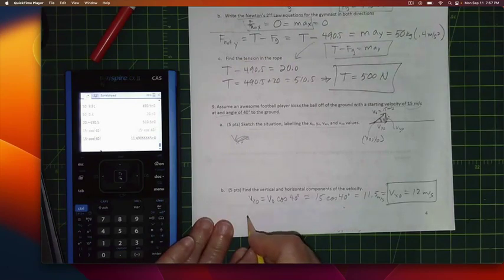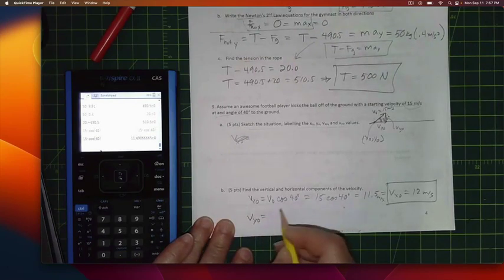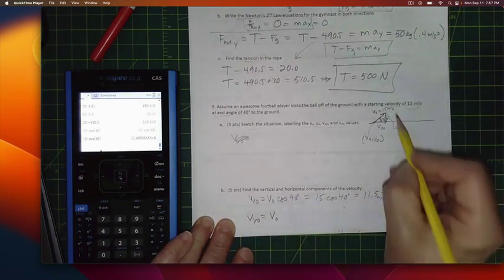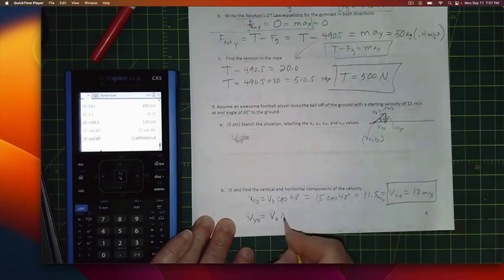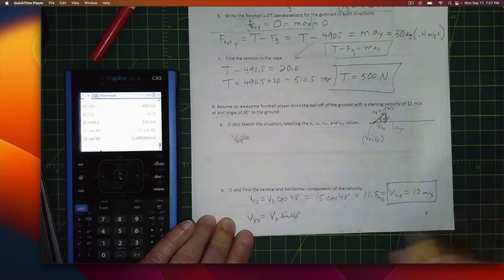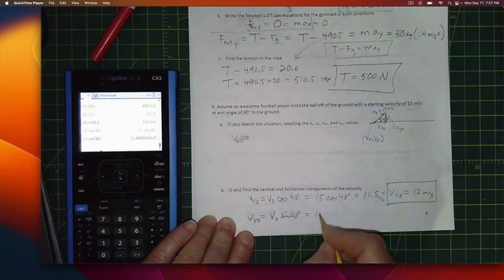Similarly, Vy0 is V0, but the y is the opposite angle, so it's sine. Vy0 is opposite the angle, and so that's 15 sine 40 degrees.